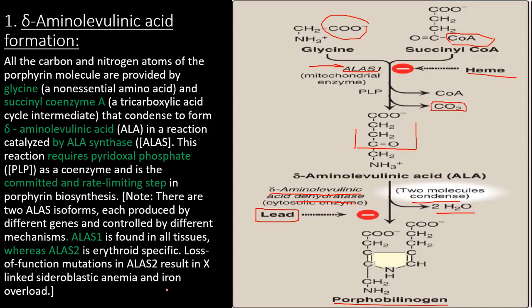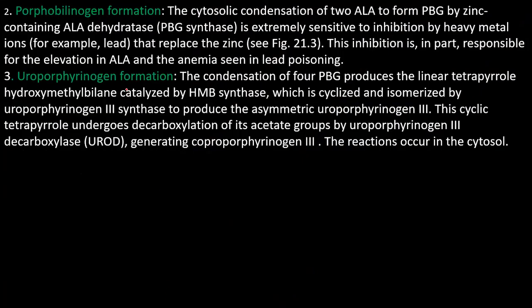So next page. Now we had seen porphobilinogen formation. Then let's go to uroporphyrinogen. Now, four porphobilinogen molecules combine to produce a linear tetrapyrrole known as hydroxymethylbilane, and that reaction is usually catalyzed by hydroxymethylbilane synthase. Then we have to cyclize it, okay?